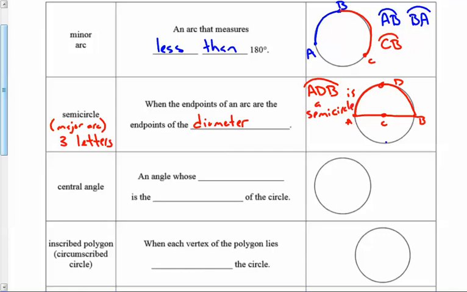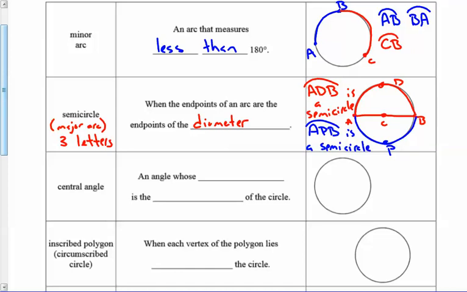However, if I put this point down here, P, and I drew APB, arc APB is also a semicircle.